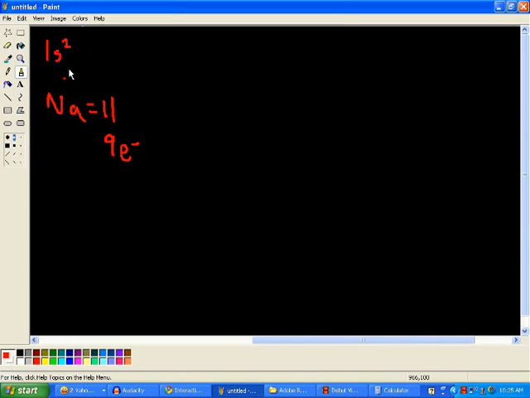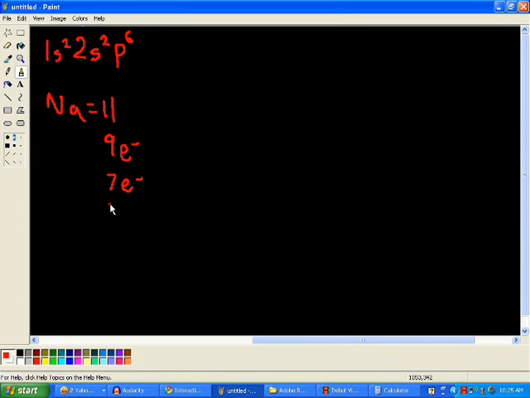The second shell can hold an S and a P, like I've said before. So we consume 2 of those electrons in the 2s subshell, which would bring us down to 7 electrons. The P can hold 6. So we've placed 6 more of those 7 electrons in the P subshell.